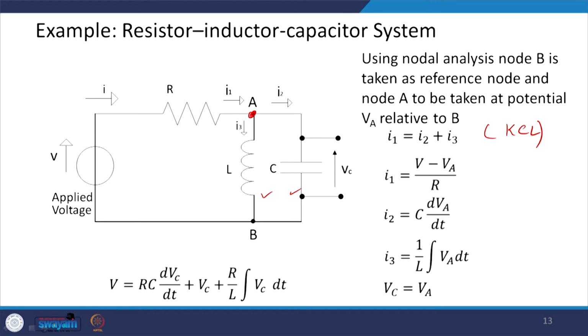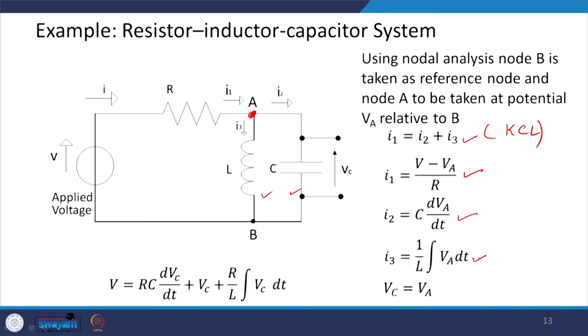So at this point we can see that I1 is equal to I2 plus I3, and I1 I can write as V minus VA by R, I2 is basically C dVA by dt, and I3 is basically 1 by L integral of VA dt.